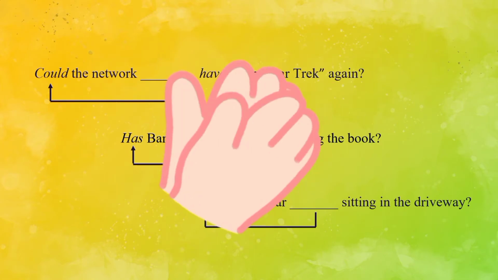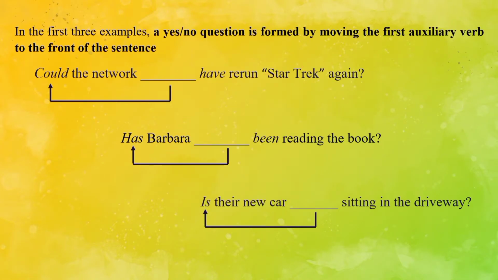Okay, great. If you have said that the yes or no questions here are formed by moving the first auxiliary verb to the front of the sentence. Because, as we can see, the following questions were formed by moving the first auxiliary verb of the declarative sentence to the front of the sentence.